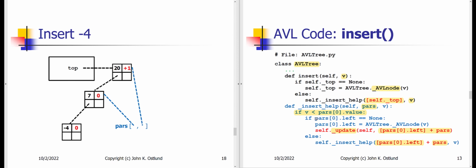Is pars sub 0, remember that's now the left-hand side, is this value 0? Indeed it is 0. So we're going to add our new node containing -4 to the left side, and we're going to call update again with this reference to the new node, as well as references to the 7 and references to the 20.